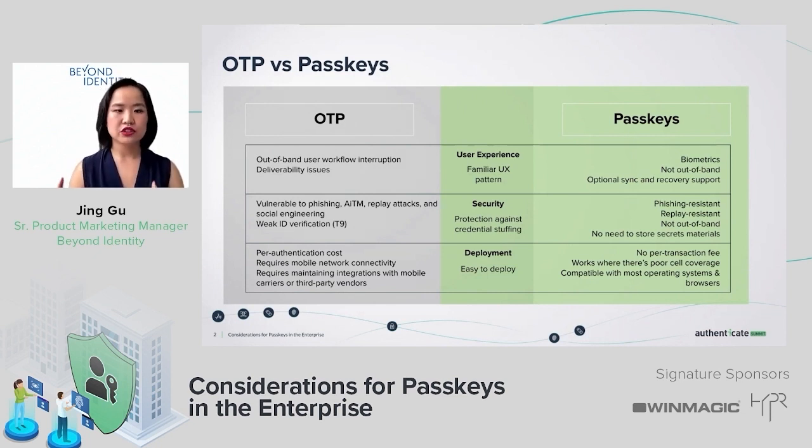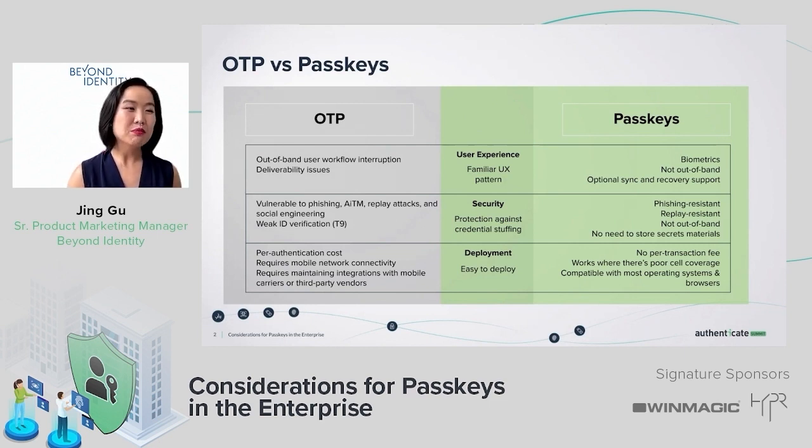So attackers are constantly trying to get their hands on the second factor any way they know how. And when you send something out of band, that could make it a lot easier for them. Additionally, OTPs are vulnerable to phishing, replay attacks, man in the middle, as well as social engineering.